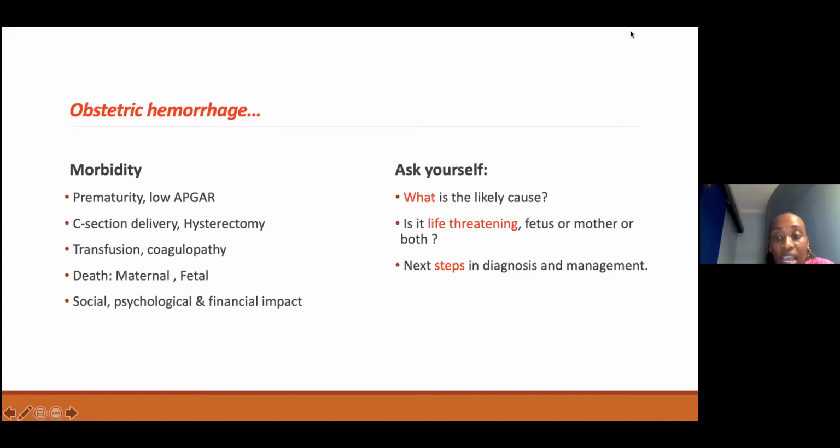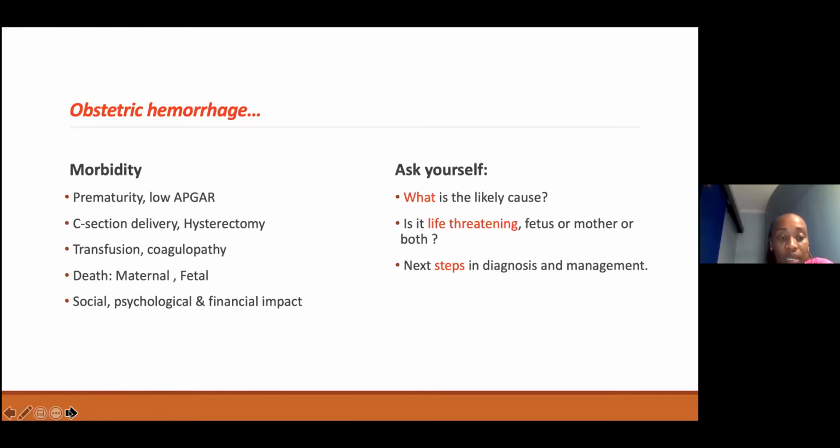These women are at higher risk of hysterectomy, which ends their childbearing careers. There are also issues of transfusion, and in this country, remember how tough it is, especially in some regions, to get even the blood products you require. Ultimately, death of the mother and the fetus.